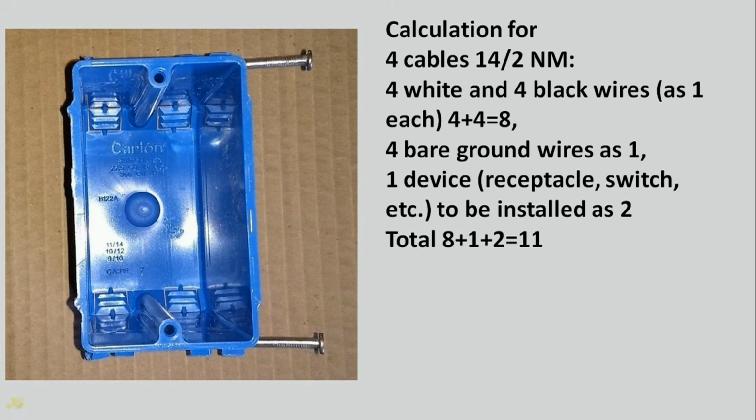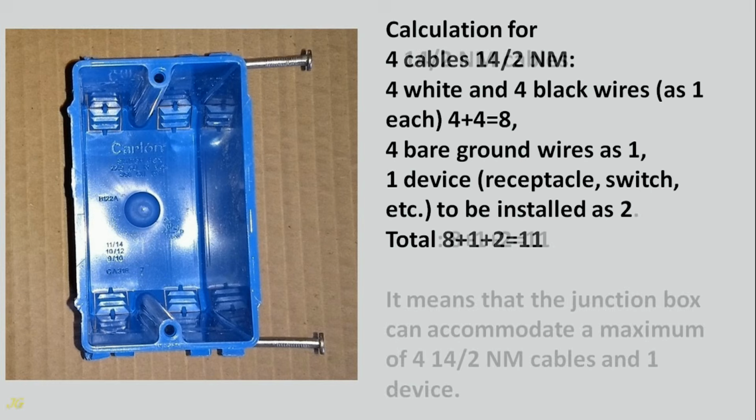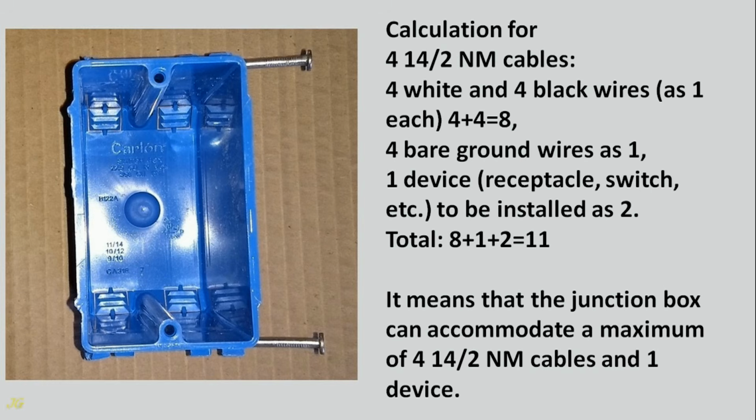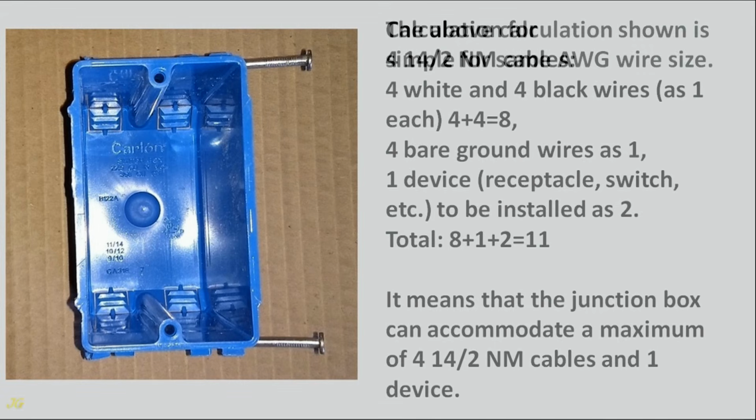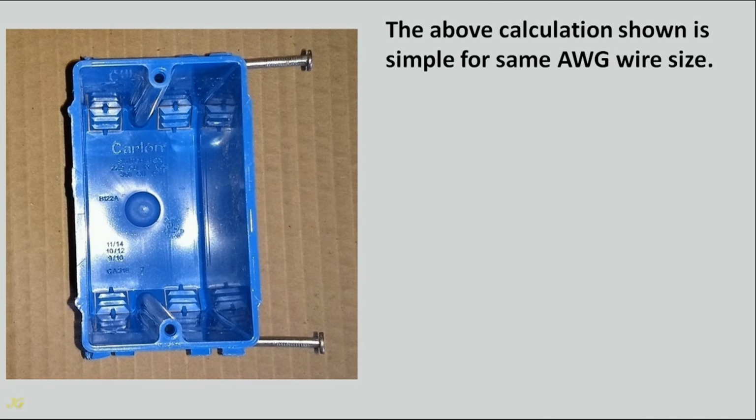Total, 8 plus 1 plus 2 equals 11. It means that the junction box can accommodate a maximum of 4 14/2 NM cables and 1 device. The calculation shown above is simple for the same gauge wire size.